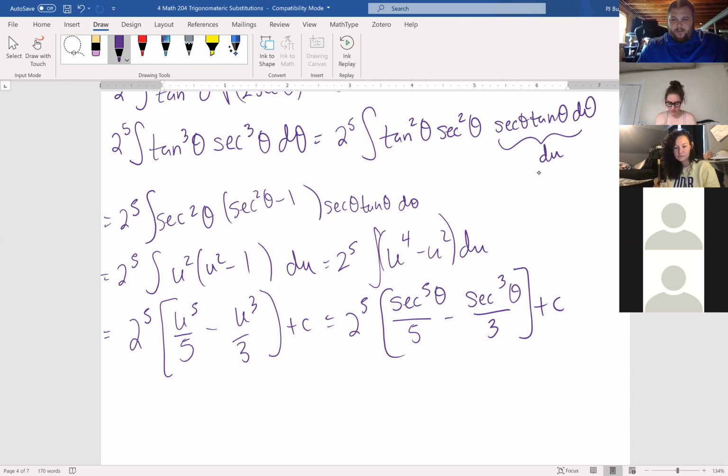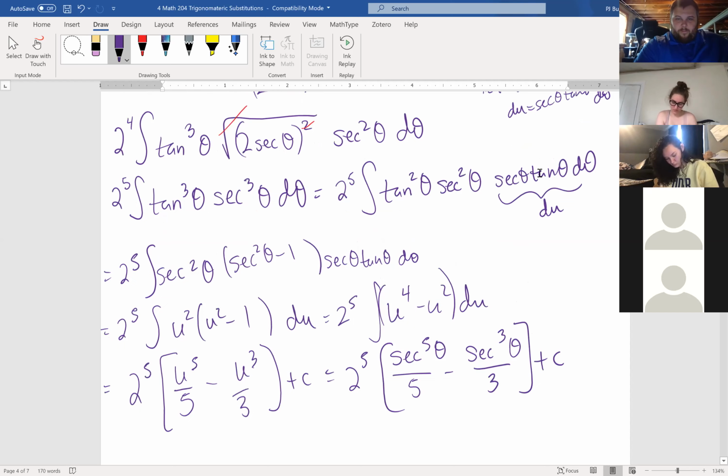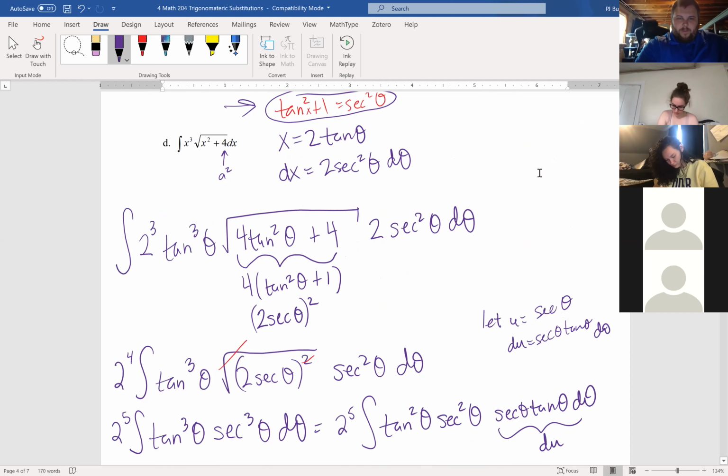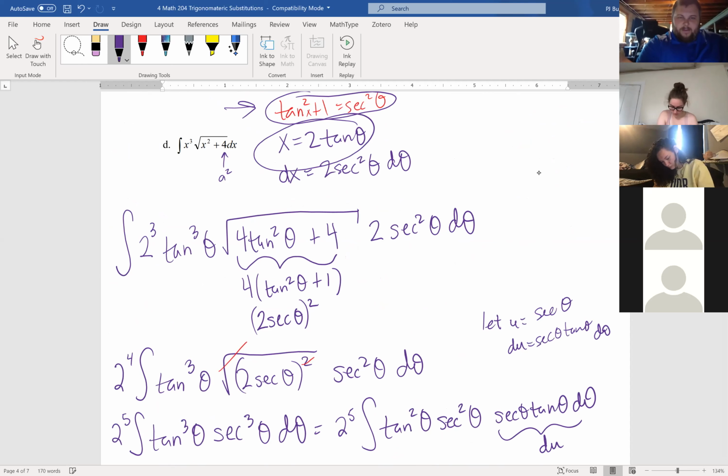So then we need our triangle. Originally, we let x equal 2 tan theta, which means tangent is x over 2. And you should know that tangent is opposite over adjacent.